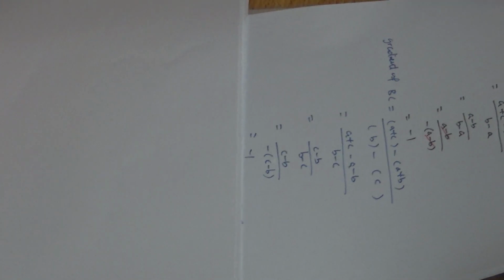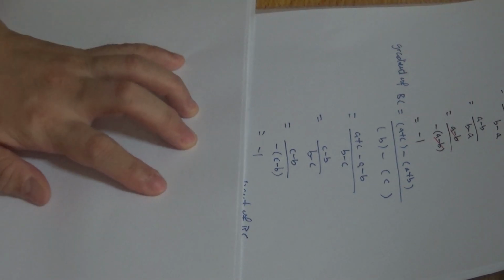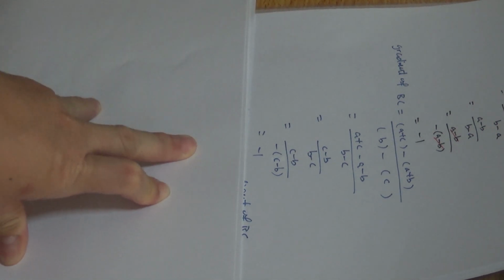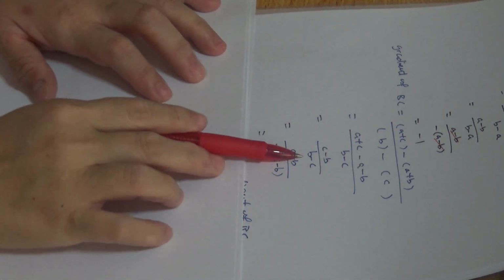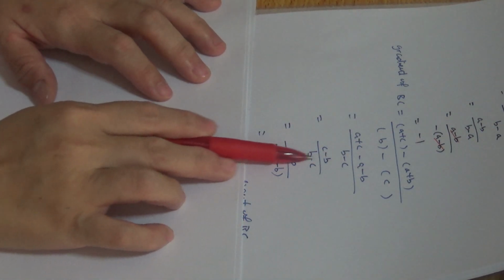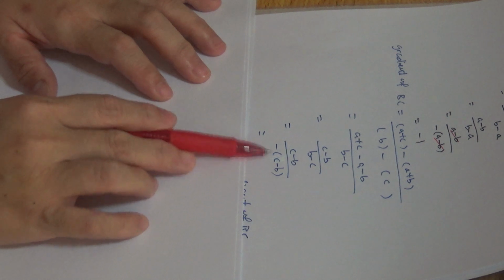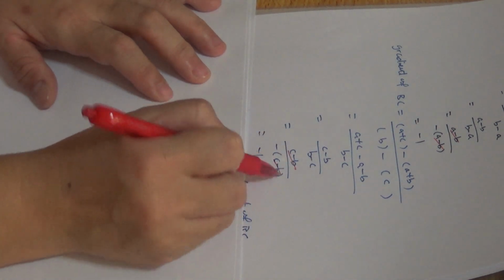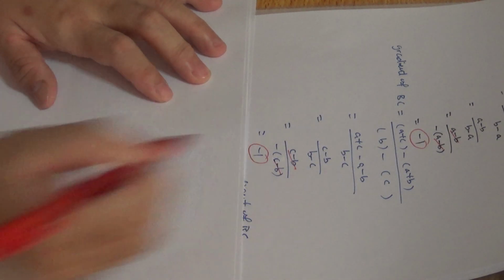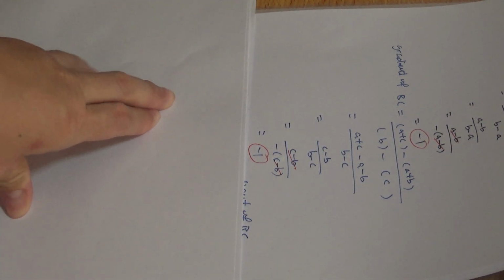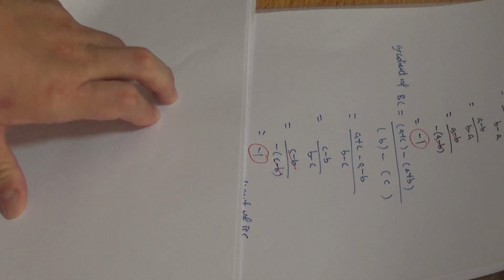Let's find the gradient of BC. Now, if I apply the gradient formula, it will give me this. Now realize that this is a flip, therefore I can factorize this, and this will also give me -1. Now you'll realize that these two gradients are the same. Both are equal to -1.